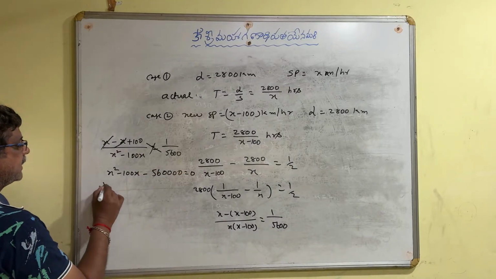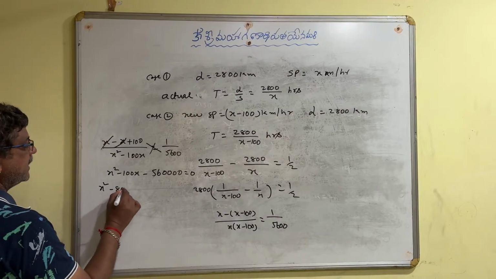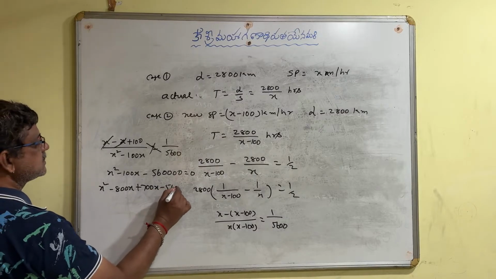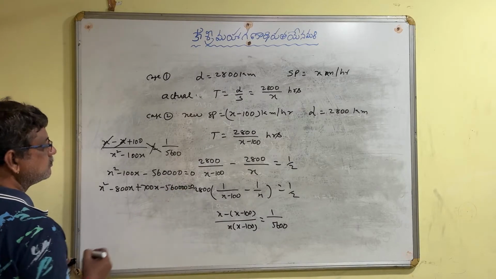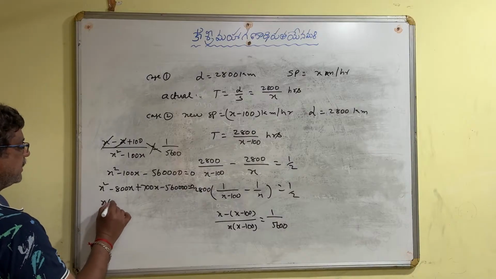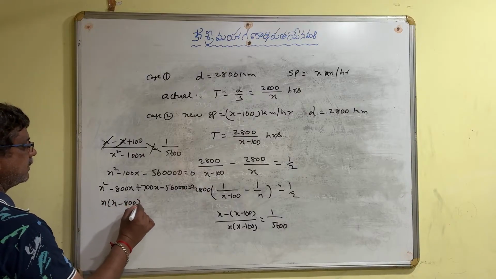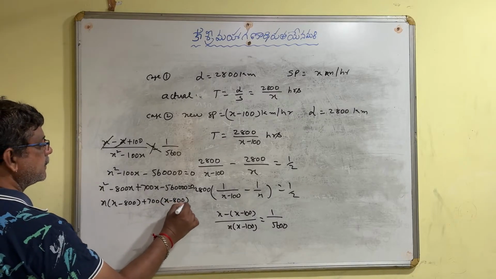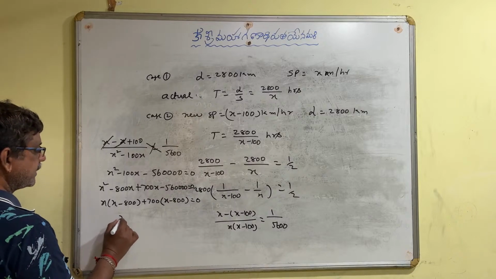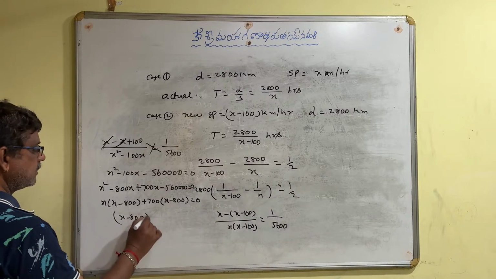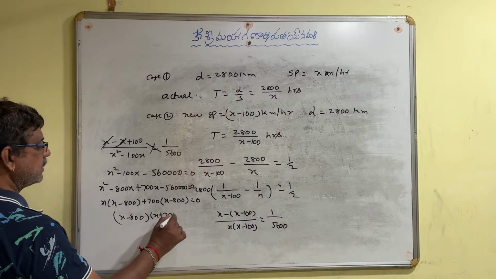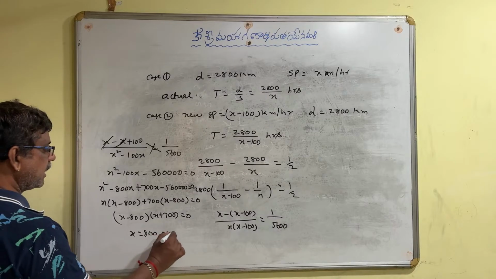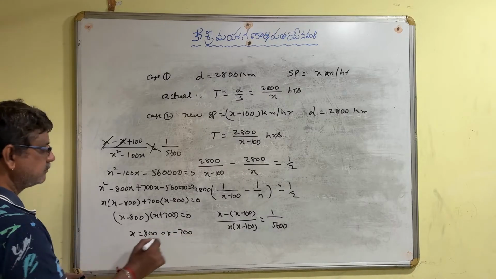Now splitting the middle term, x square minus 800x plus 700x minus 56 with 4 zeros is equal to 0. x common, x minus 800, plus 700 common, x minus 800 is equal to 0. So x minus 800, x plus 700, 0. So x will be either 800 or negative 700.